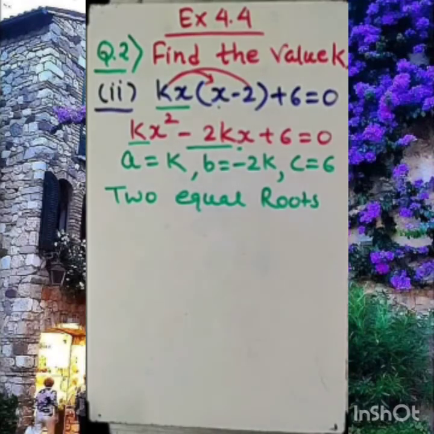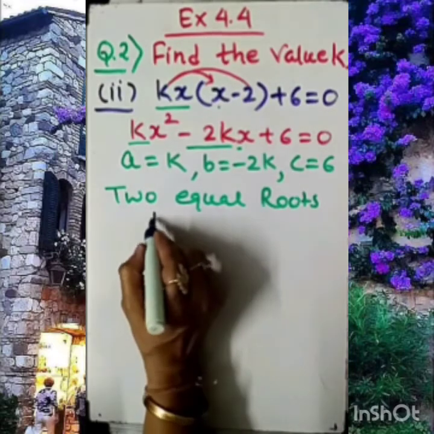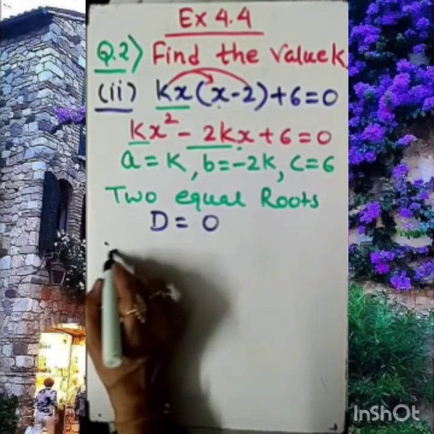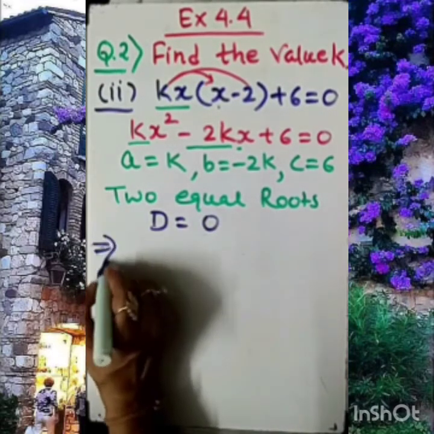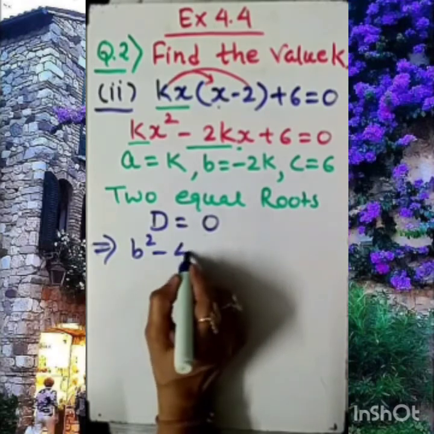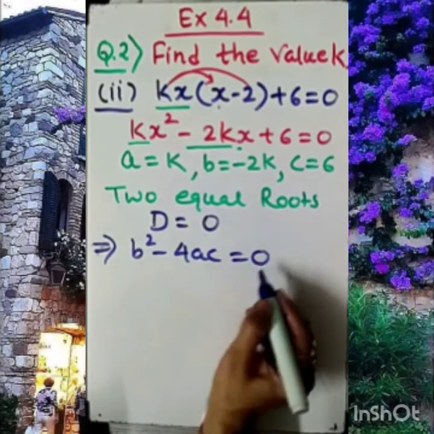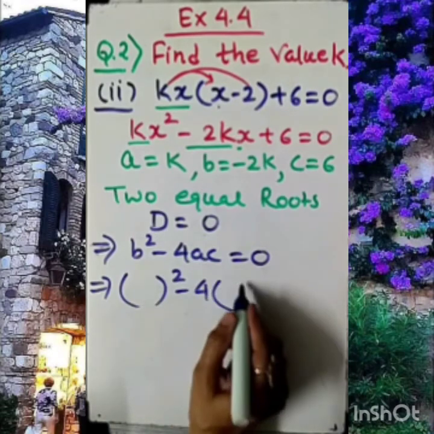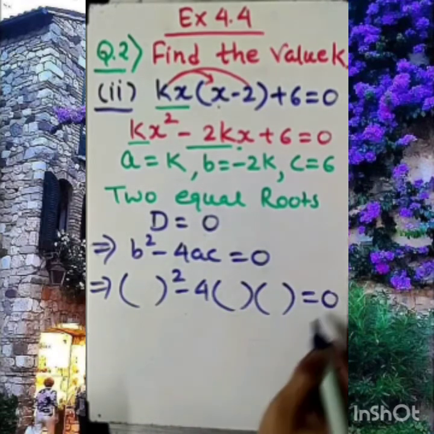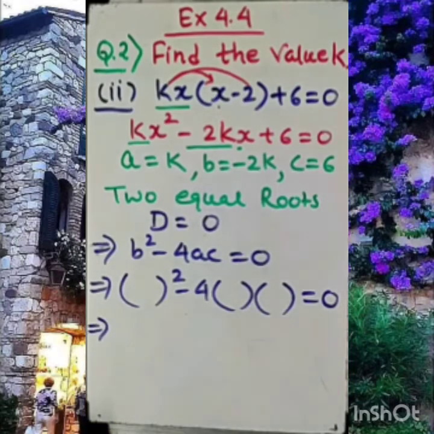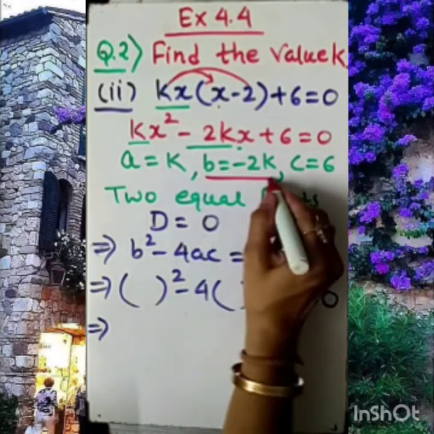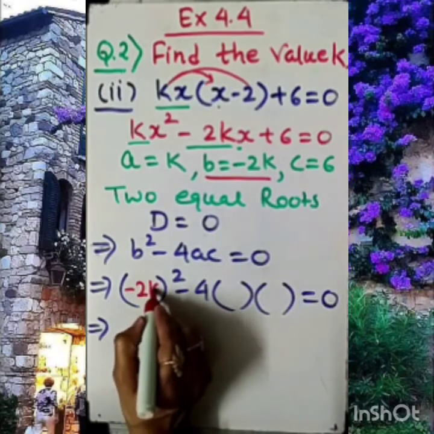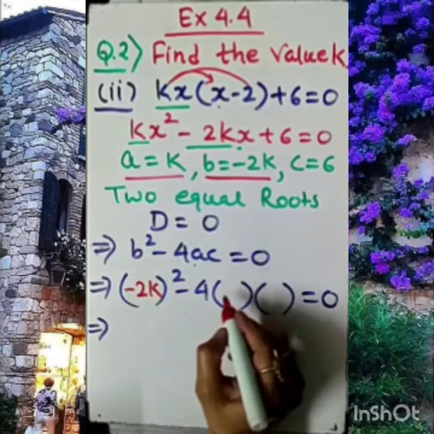So we can say that the discriminant equals 0. It implies that b square minus 4ac equal to 0. The value of b here is minus 2k. What is the value of a? That is k, and c is 6.